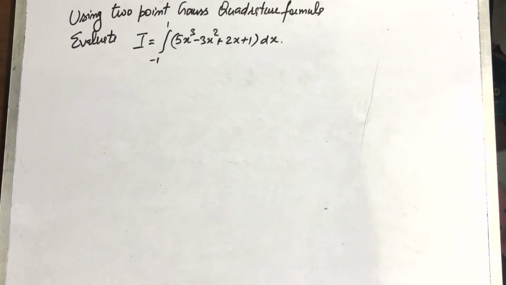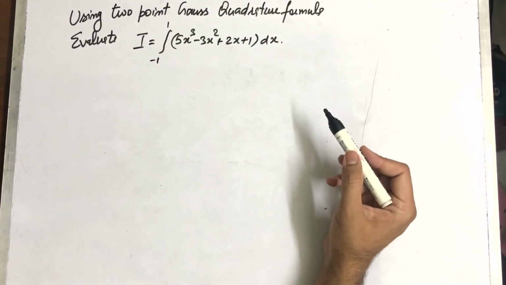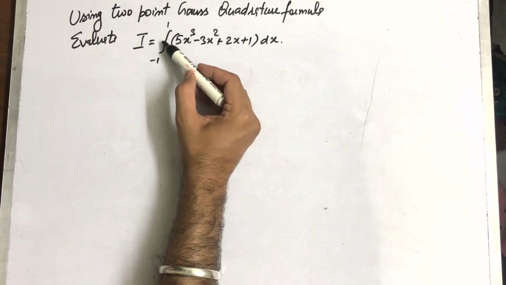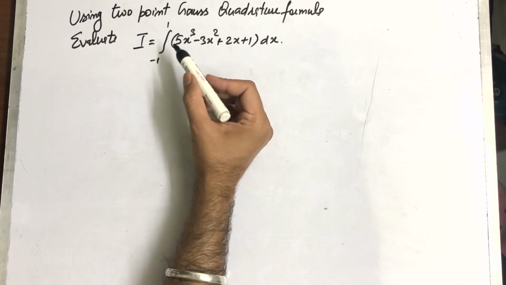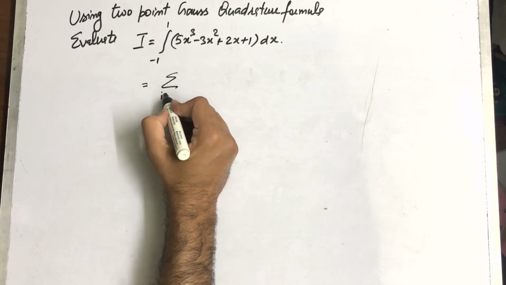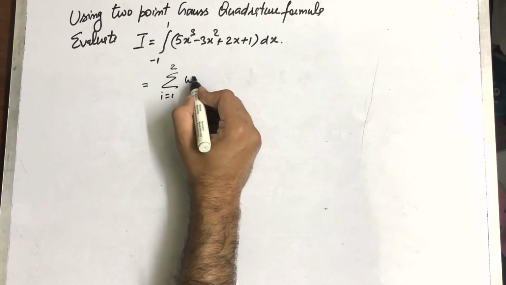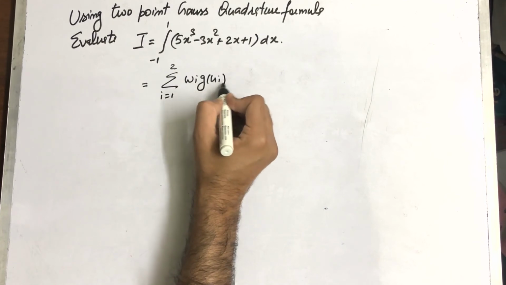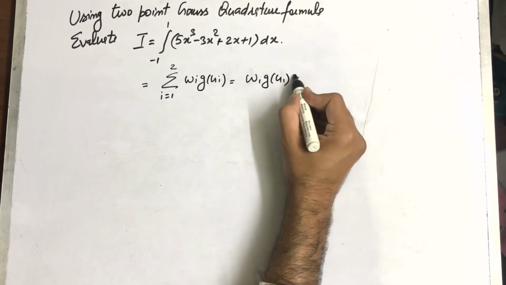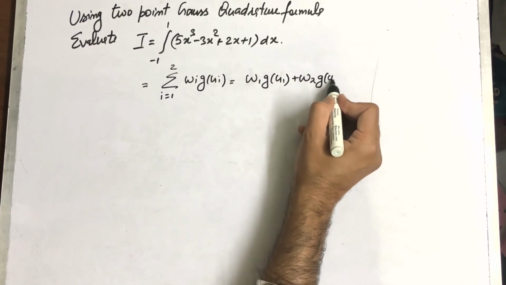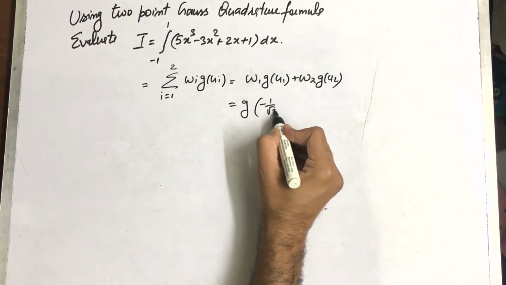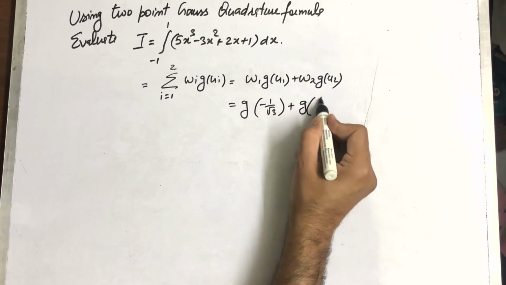Okay, let's have one more numerical. Using the 2-point Gaussian quadrature formula, we have to evaluate this integral. And here you see we are already given the integral with limits minus 1 to 1. So we directly use the formula, which will look like the summation i from 1 to 2 of wi g(ui), that is w1 g(u1) plus w2 g(u2), that is g of minus 1 by root 3 plus g of 1 by root 3.